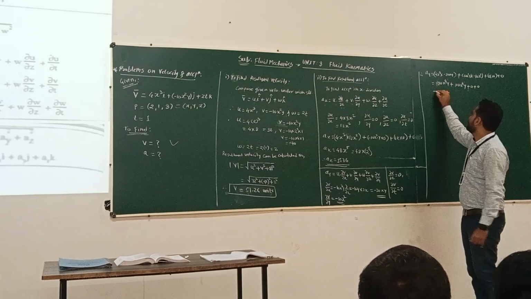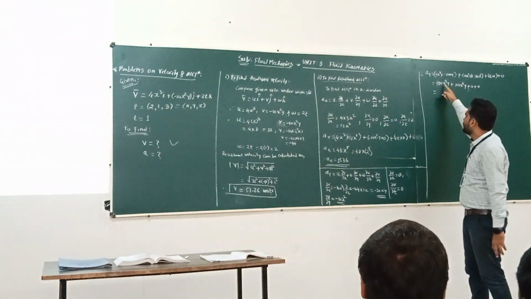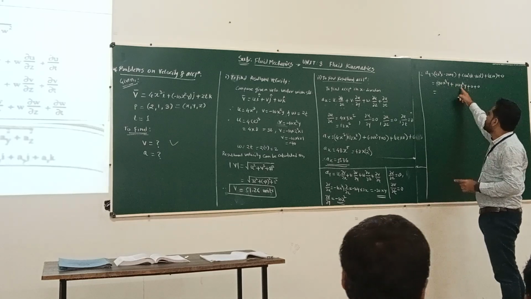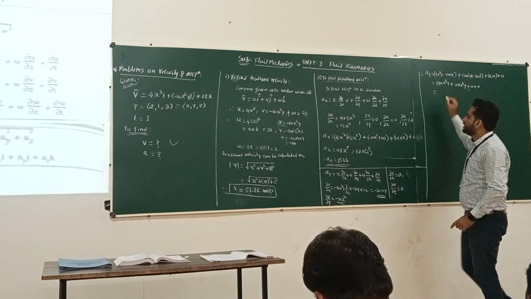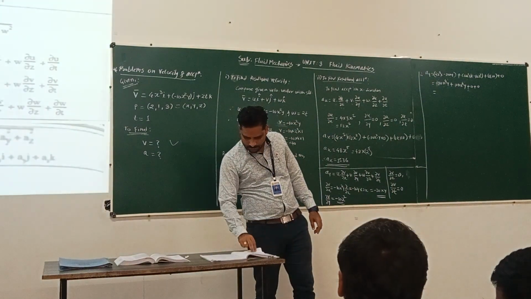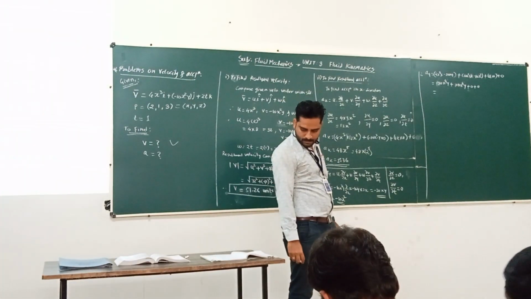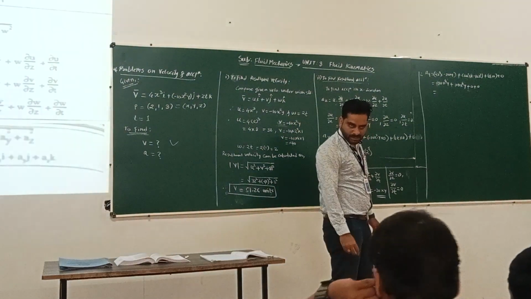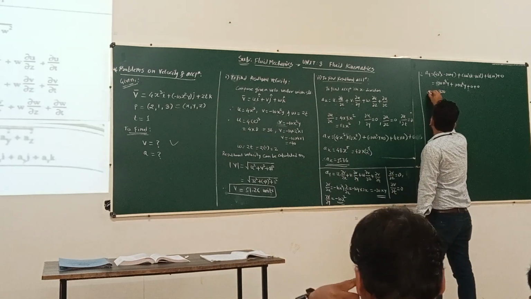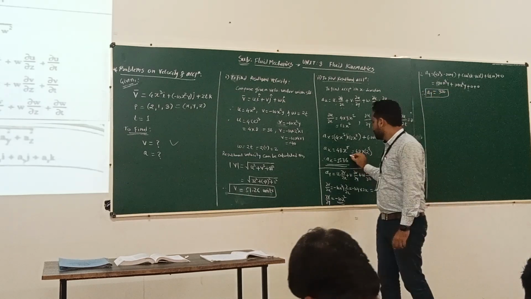Solve this again, put the value of x and y, you will get the final answer. What is the value of x? X is 2, y is 1. So we will get the final answer as ay is 320. Okay, just cross check this by calculating.